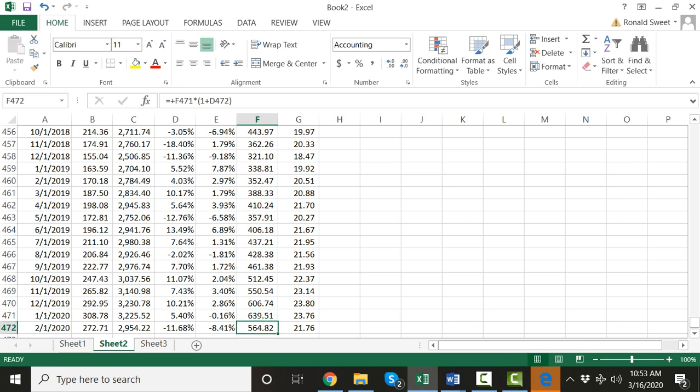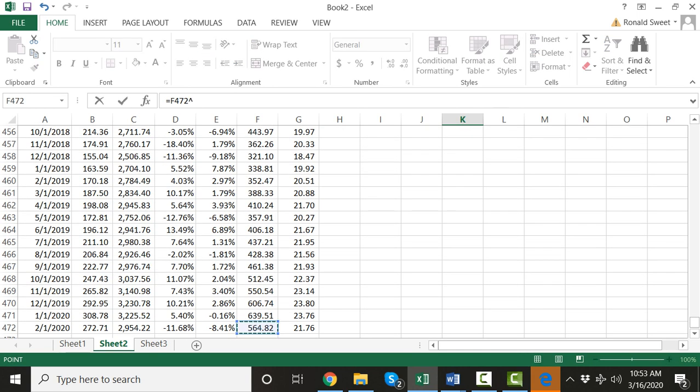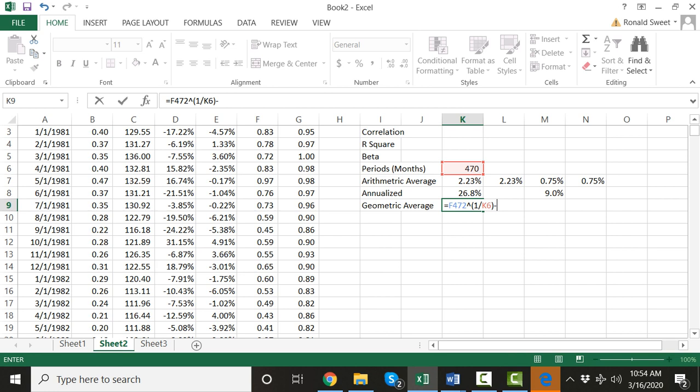So all we have to do is take that 564.82 and raise it to the 1 divided by 470, minus 1, and that will tell you the geometric average. You can notice that the geometric, as we said, has to be lower than the arithmetic. There's no formula in Excel that I'm aware of that does that, but there's the geometric average.